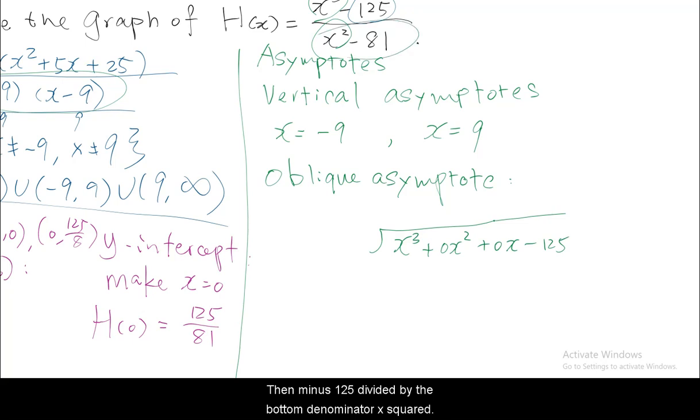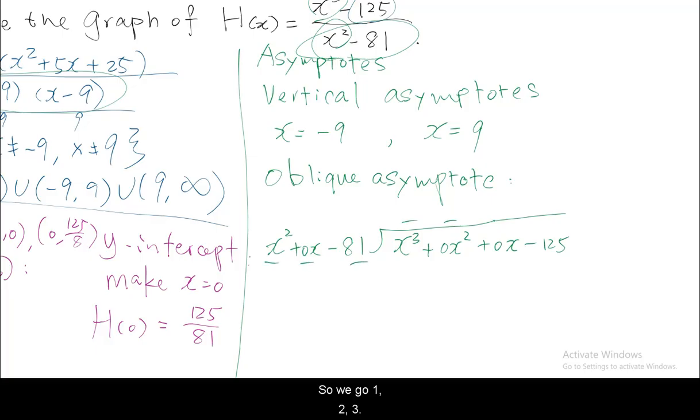Divided by the denominator, x squared, missing the x term here, so plus 0x minus 81. Okay, so look at the terms, 1, 2, 3. So we go 1, 2, 3. All right, so the first term comes above this 0x.